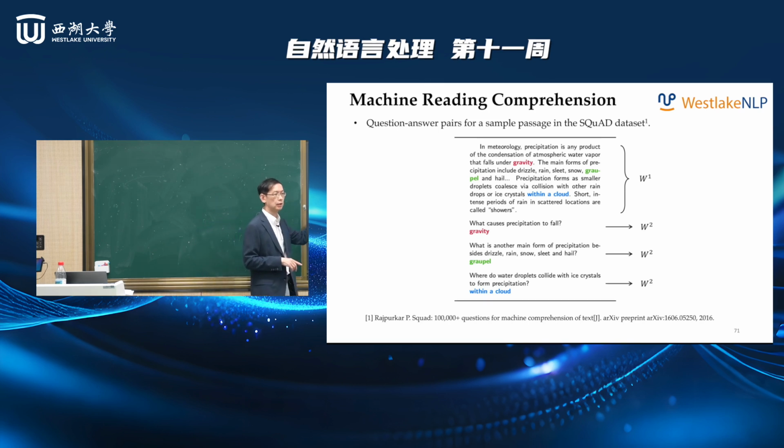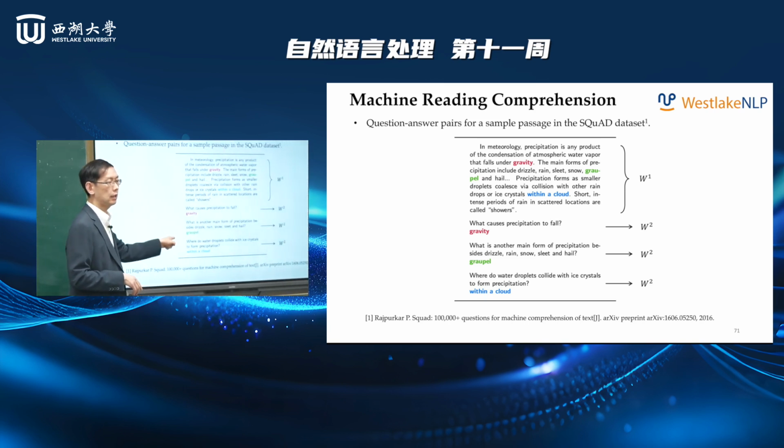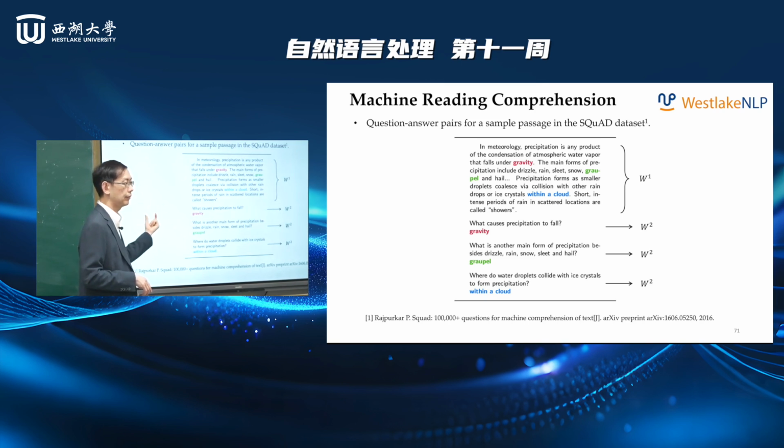I look in W1 and I find the span that answers W2. Now I'm given the second question again. I take it as W2, I try to match W1 and I find an answer span. I can change W2 again and look for the answer.